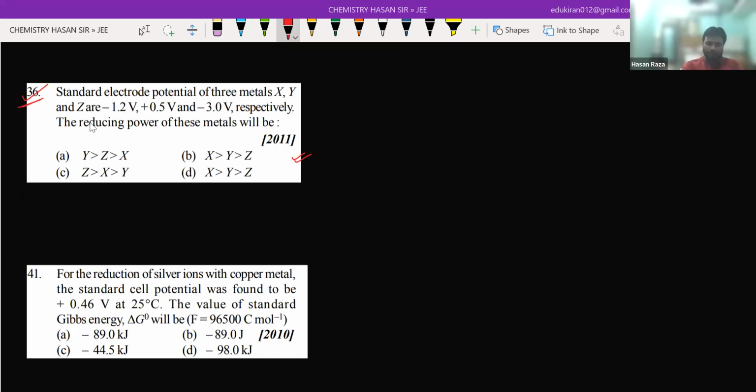You have got the right answer for question number 36. Go for question number 41. Faiza, let me know if you are not able to solve question number 36.